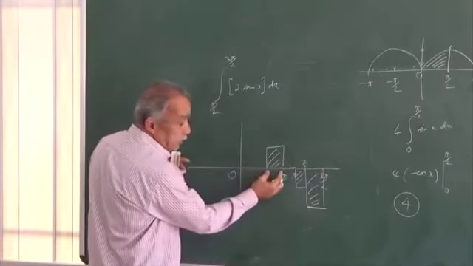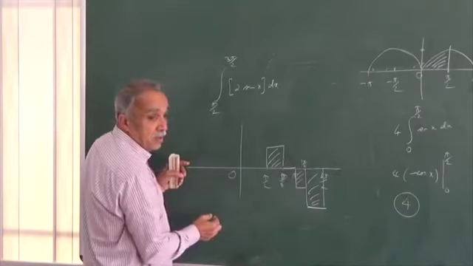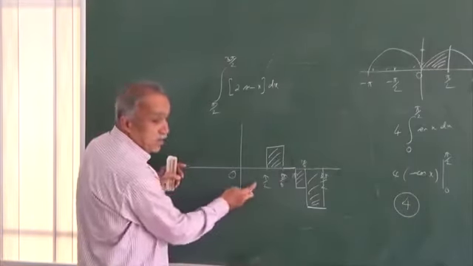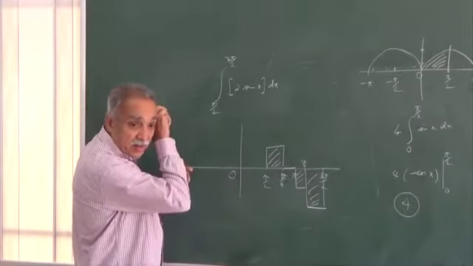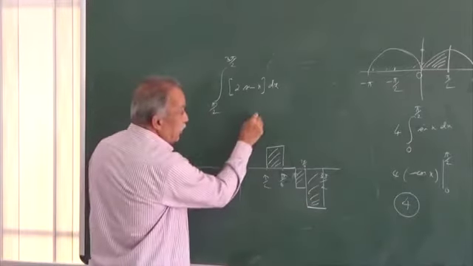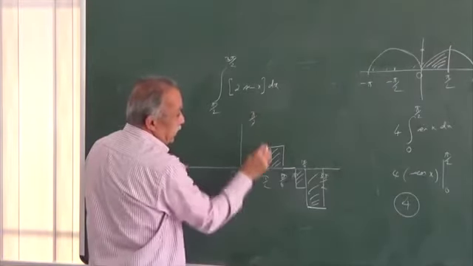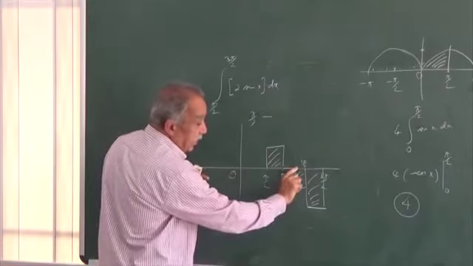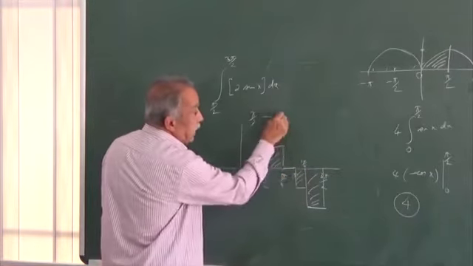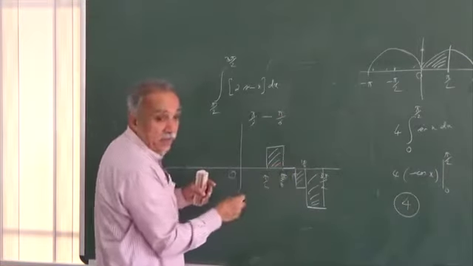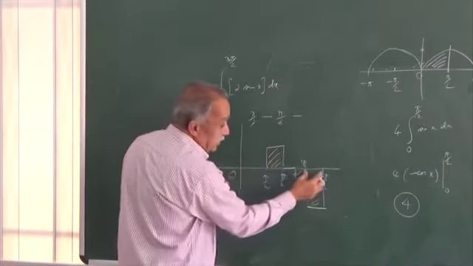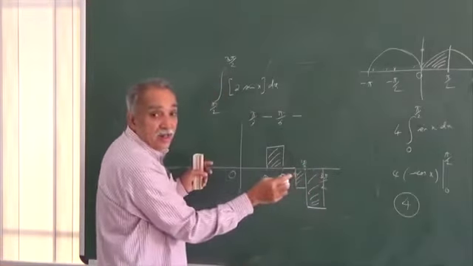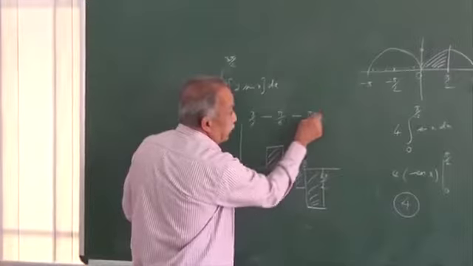This rectangle has width, how much? 5 pi by 6 minus 3 pi by 6, pi by 3, into height 1, minus this rectangle has width pi by 6 and height 1, depth 1, minus this rectangle has width pi by 3 and depth 2.